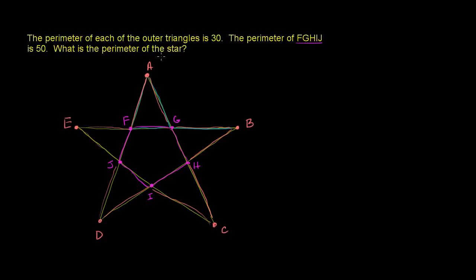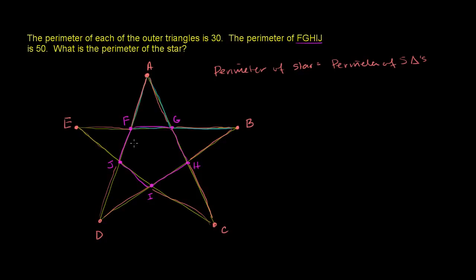So the perimeter of the star is going to be equal to the perimeter of the 5 outer triangles, I'll just call them 5 triangles, minus their bases, right?